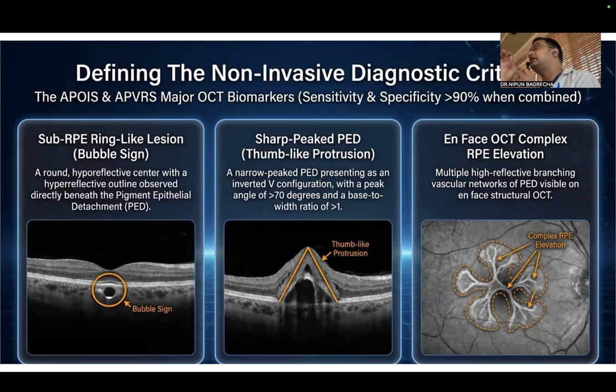So it works well, and aflibercept also works well with the 3 monthly dosing regimens. And Eylea HD and faricimab are coming up. They are also said to cause a greater regression of the polyp. So there are two things: polyp inactivation and polyp regression. Okay.